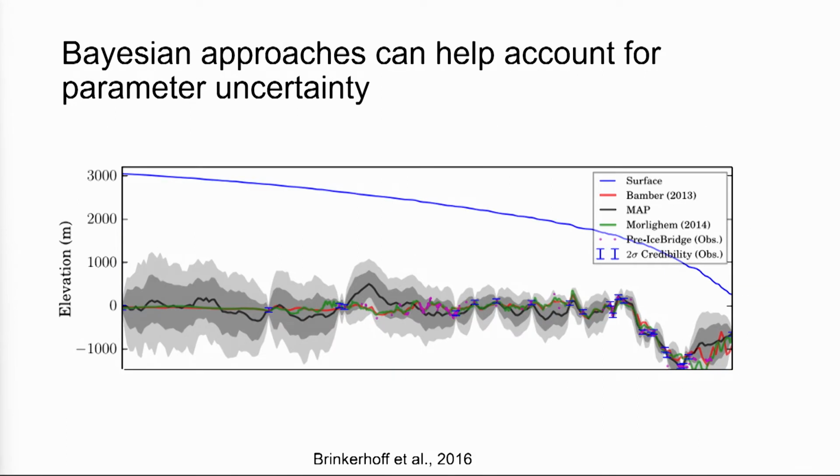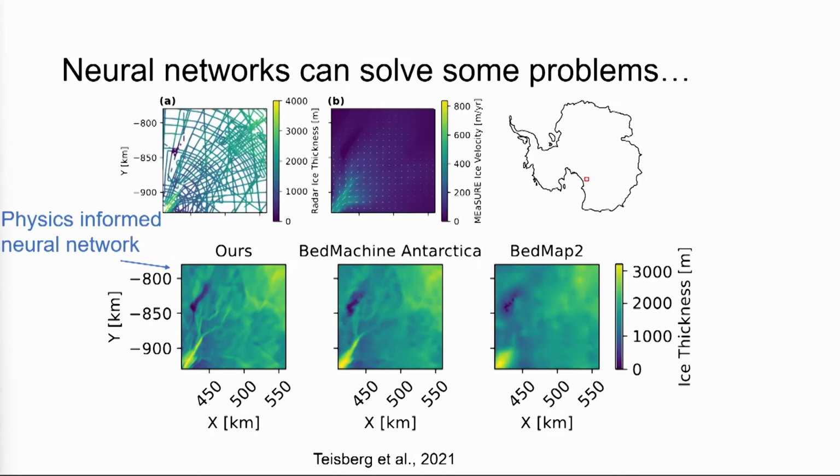Some of the ways we can deal with this is through Bayesian approaches, like this study by Doug Brinkerhoff, where he was using Bayesian statistics to sample the inversion parameter space. Thomas Teisberg, who's here, also used physics-informed neural networks to do a mass conservation inversion.